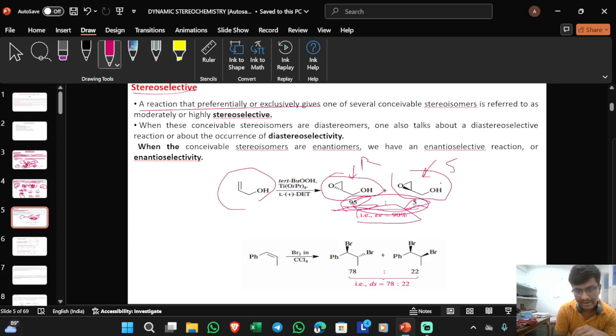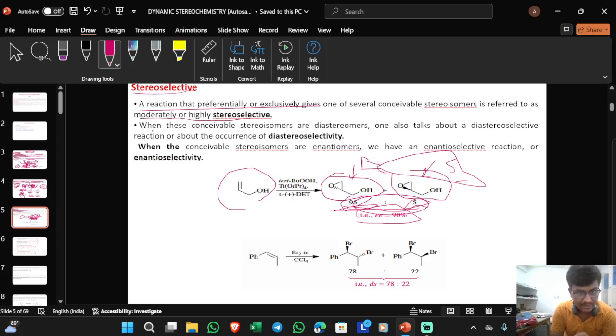This R and S: S compound is 5% and R compound is 95%, and 5% to 5% is a racemic mixture, and 90% is the enantiopure mixture.